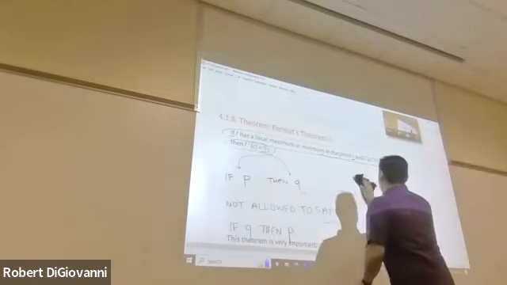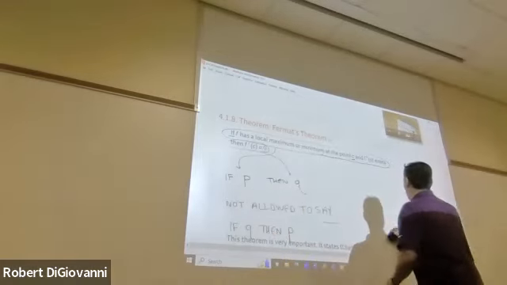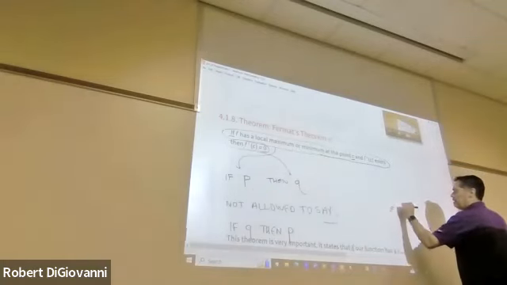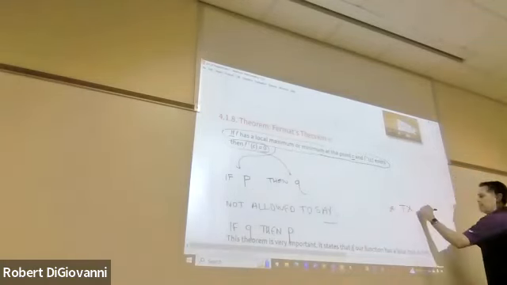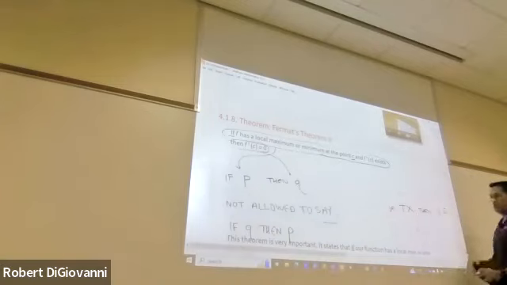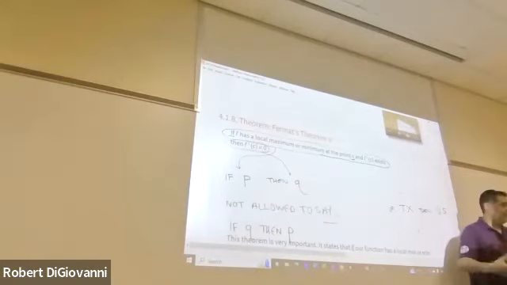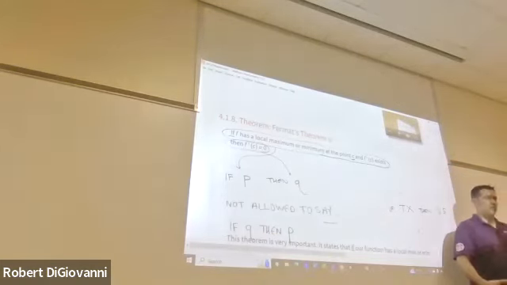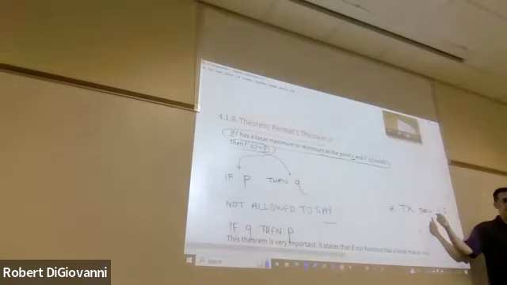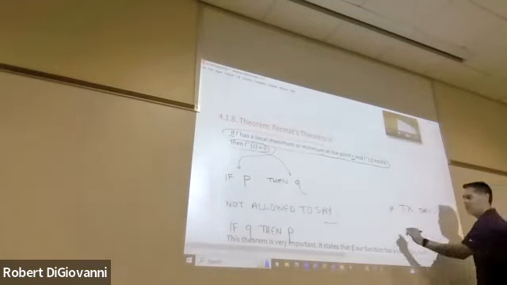Let me give you a different example that I think is easier to comprehend for most people. If I live in Texas, then I live in the United States. Look at that statement. What I mean by this is, if I'm standing physically in Texas, then do you agree that I'm standing in the United States of America? Y'all agree that this is a true statement? Yeah. Okay, can I switch the order and it still be true?